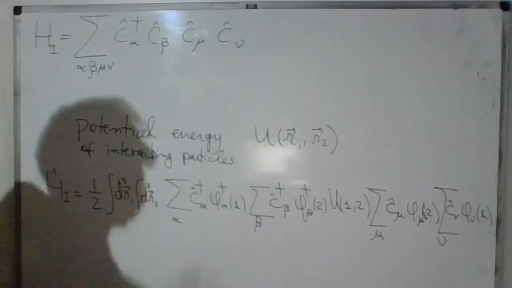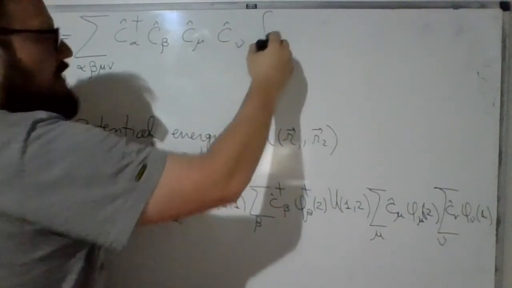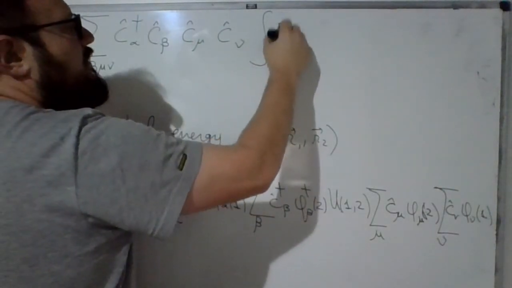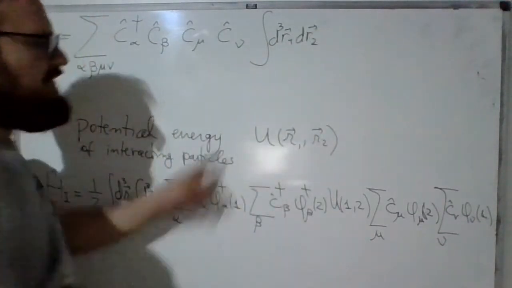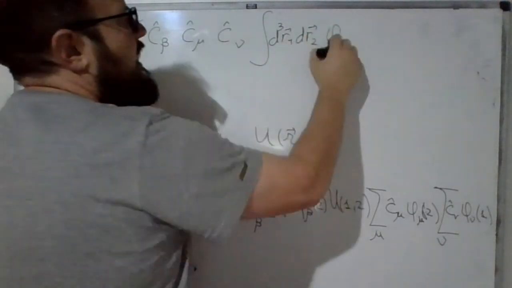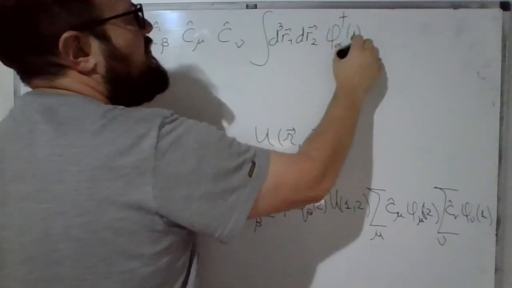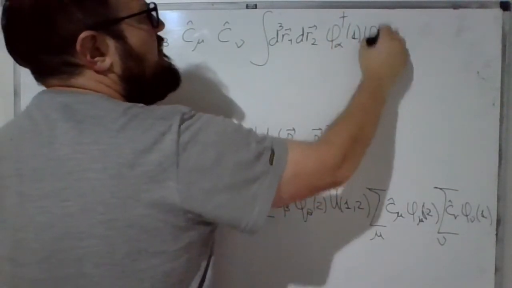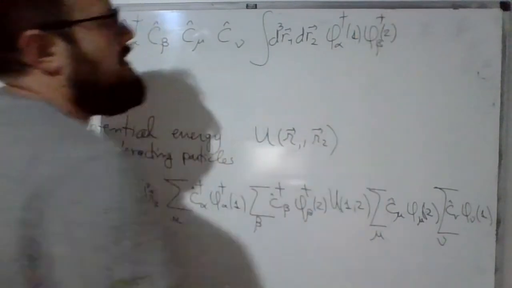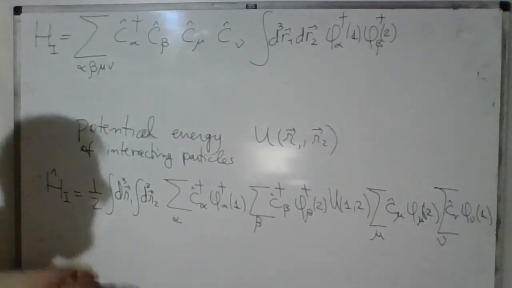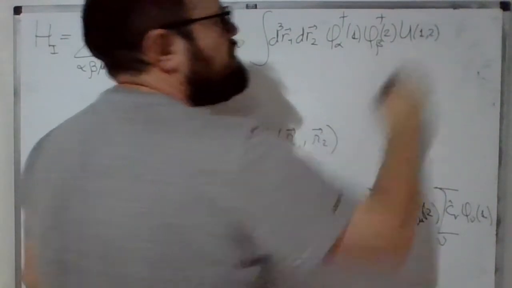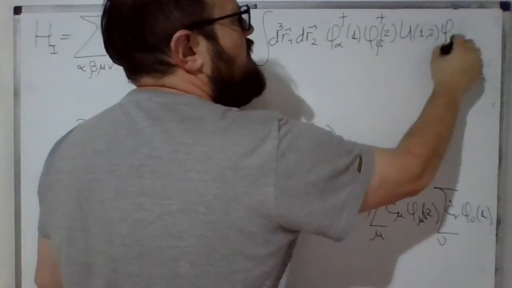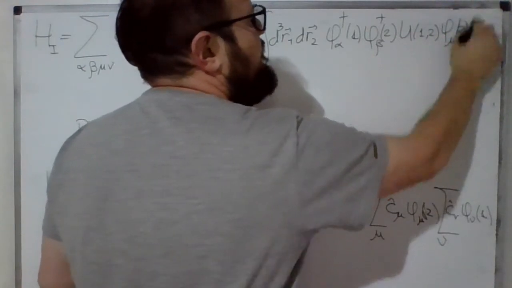The dependence on position, which is being integrated, occurs here in the basis functions and in the potential. So you will have a double integral over R1 and over R2 of something like phi alpha dagger depending on the position 1, phi beta dagger depending on the position of the second particle, the potential u of 1 and 2, phi mu of the particle 2 and phi nu of the particle 1.